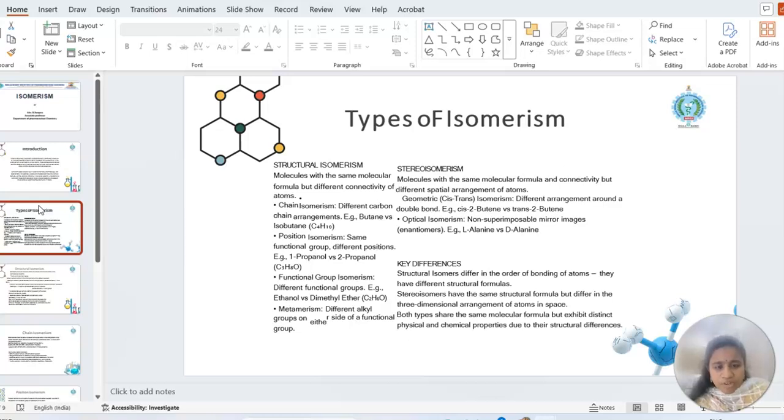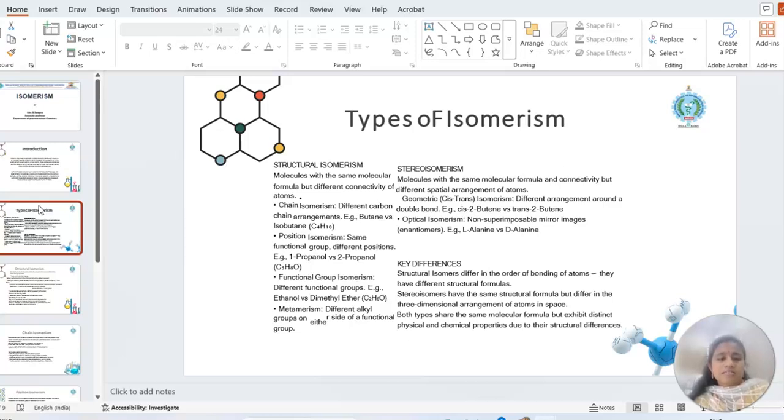In 1-propanol, the OH is at the first position. In 2-propanol, the OH is at the second position. These compounds are called positional isomers.